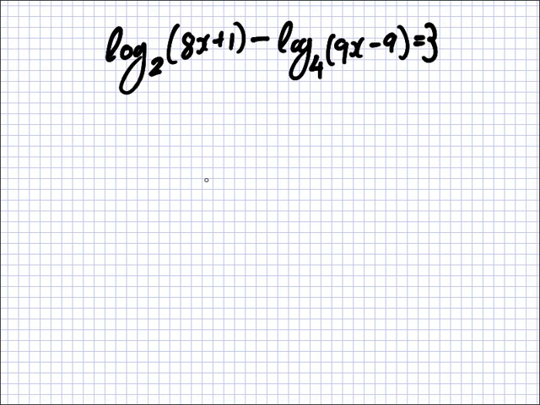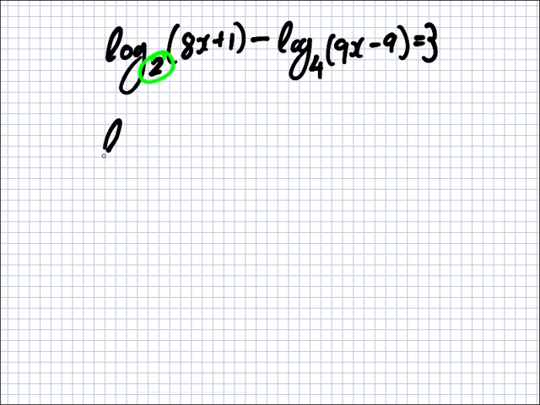What is the first problem with this? What can I see that's wrong with the base? They are different. So we have to change one of them. Let's change the 2 to a 4.